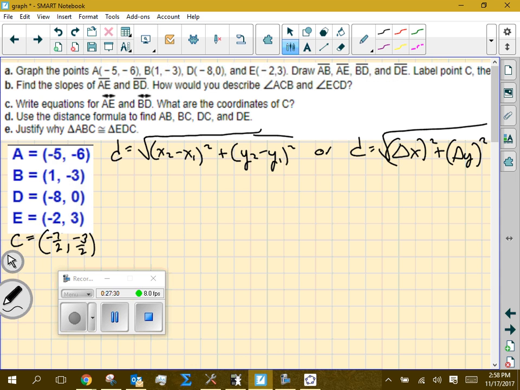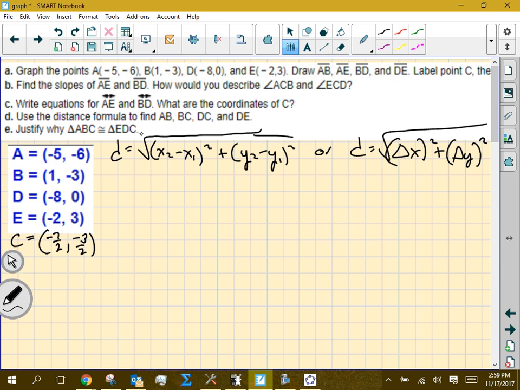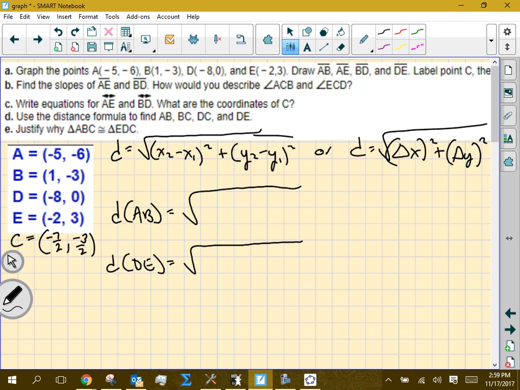Okay. But they want A, B. I'll do A, B, and D, E first. Those are a little bit easier. Distance of A, B, and then the distance of D, E. If I want to go A, B, I'm looking at these two ordered pairs, right? It says subtract your x's.